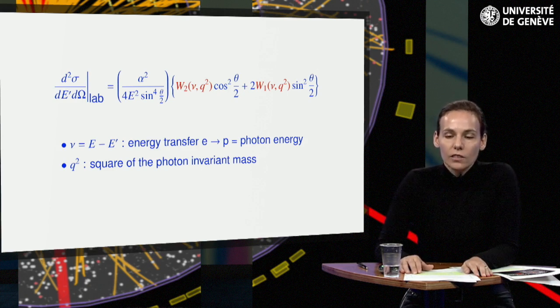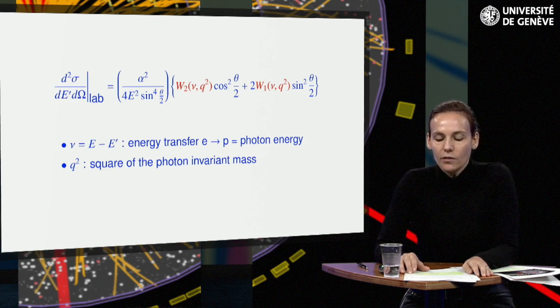The cross-section can be parameterized with two terms as before, but with two unknown structure functions, W1 and W2, replacing the form factors. They parameterize the distribution and dynamics of the nucleon constituents. They depend on the transferred energy nu, which is the energy of the photon, and its invariant mass Q2.